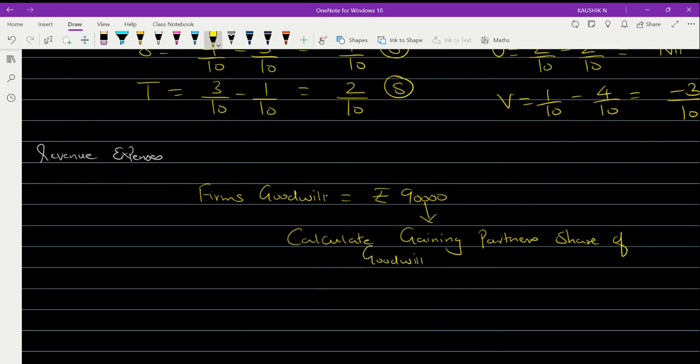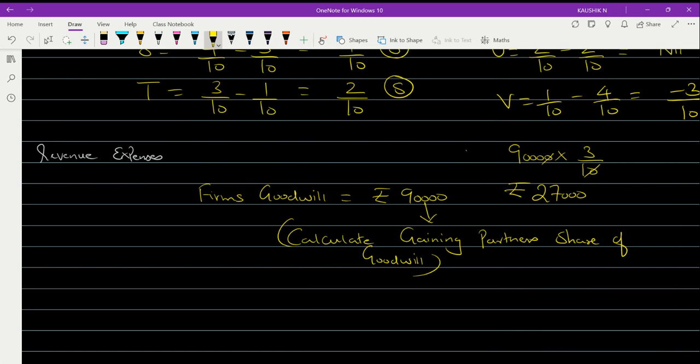That is a step you are going to do: calculate the gaining partner's share of goodwill by applying the gaining ratio. So that means 90,000 into 3 by 10. The zero cancels, so this gives you an amount of rupees 27,000.